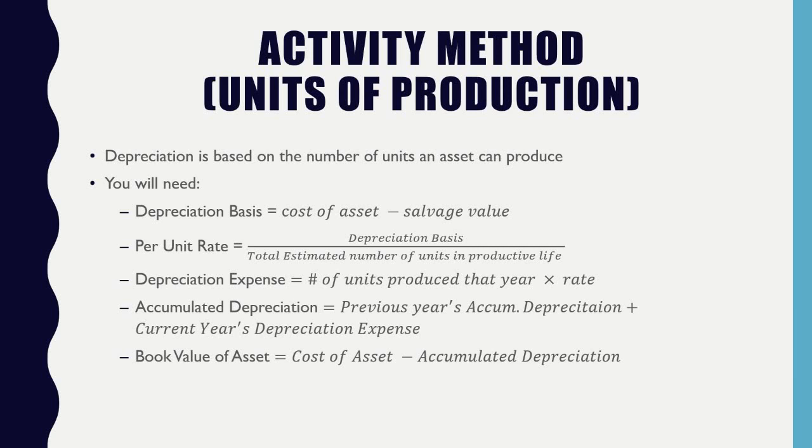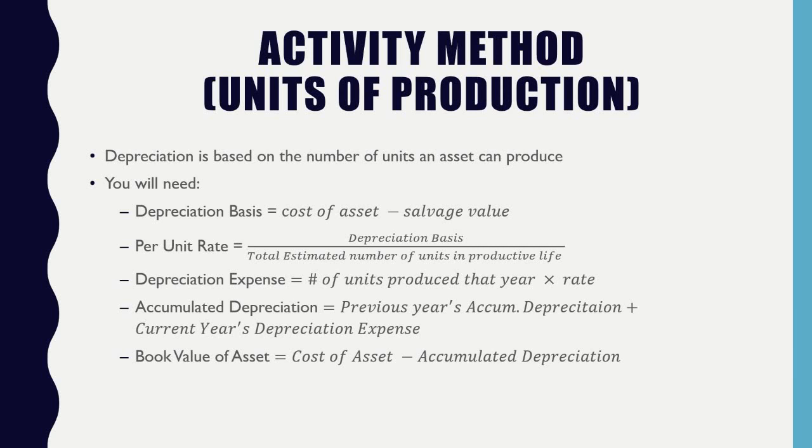In this case, the depreciation basis is going to be the cost of the asset minus salvage value. Then for activity based, you have what's called a per unit rate. This per unit rate is going to be your depreciation basis divided by the total number of units that can be produced over its life.